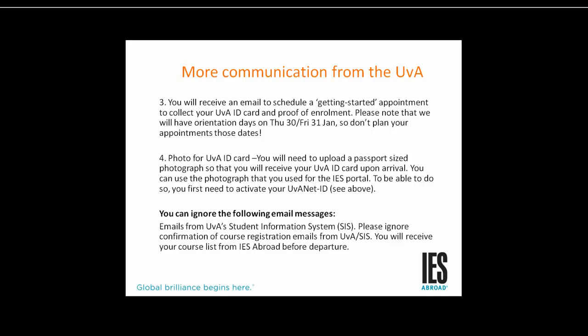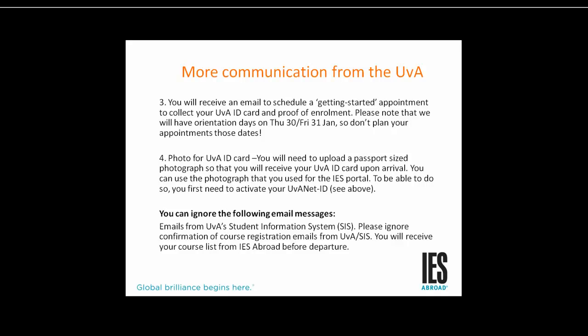The first email you'll be getting is an invitation for a getting started appointment at the University of Amsterdam. They have this meeting for you to collect your University of Amsterdam ID card, which is obviously handy to have, and also get your proof of enrollment. You will then need to enter a time for you to go to this meeting.